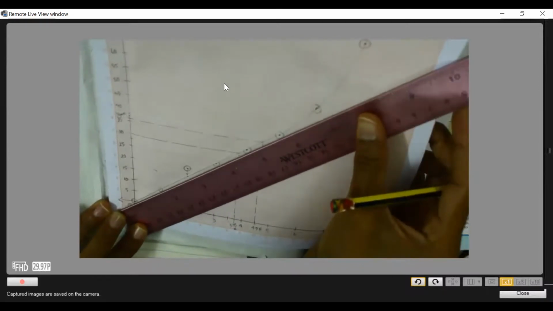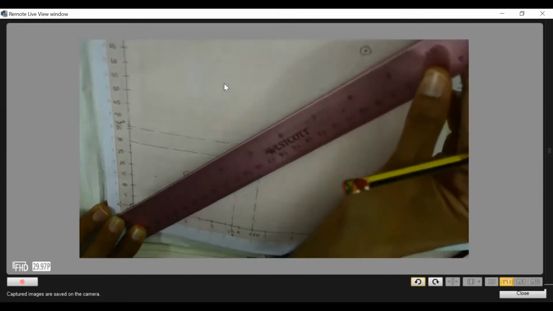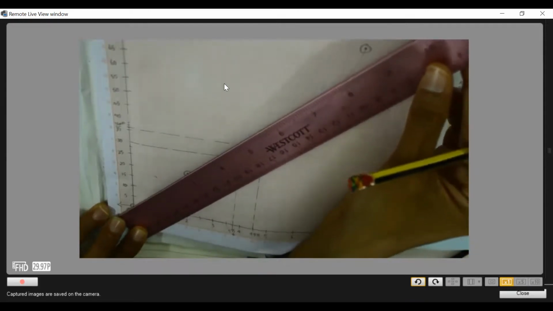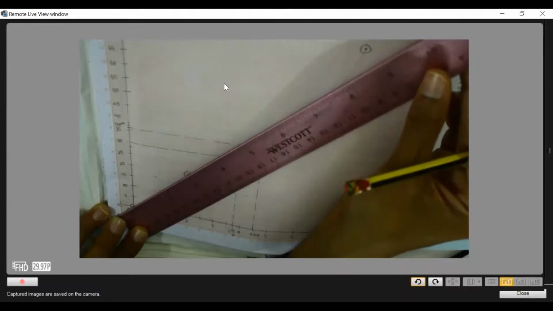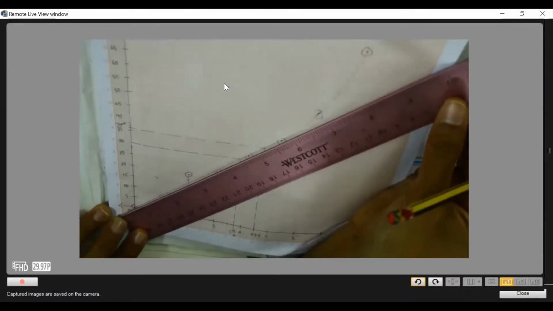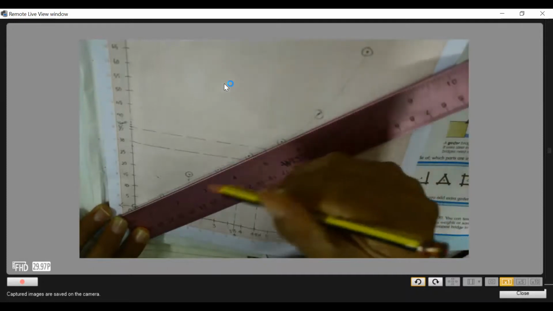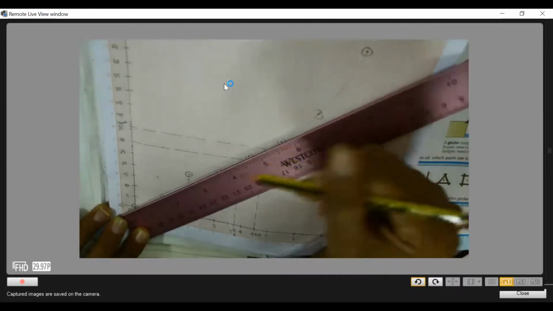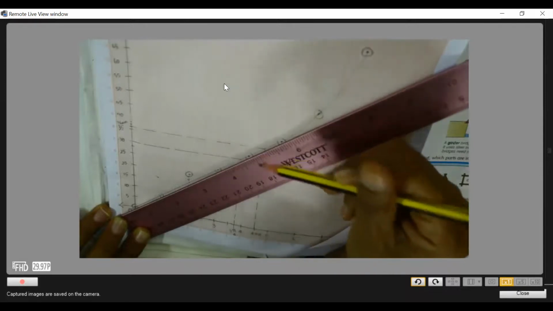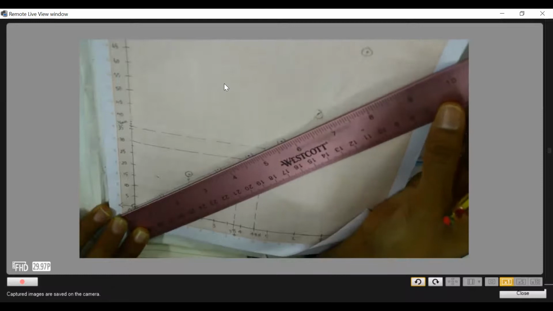When I tried this, my ruler was touching only 1 point. But when I kept my ruler this way, I could join up 4 points. There are a total of 7, so out of 7, I could join 4 points in one line. So this is the best fit, and I chose this.